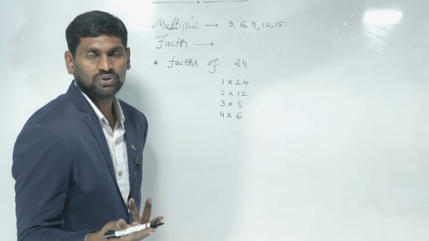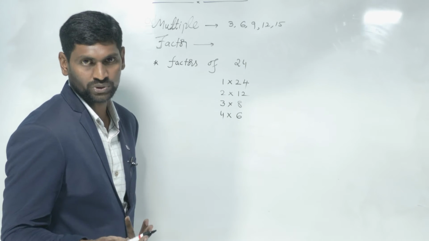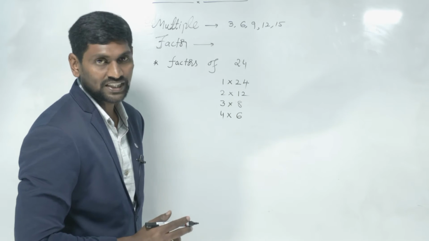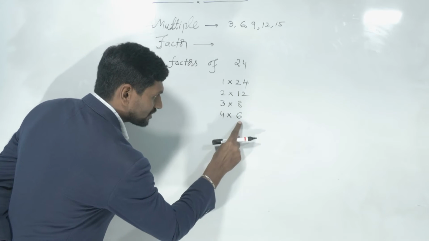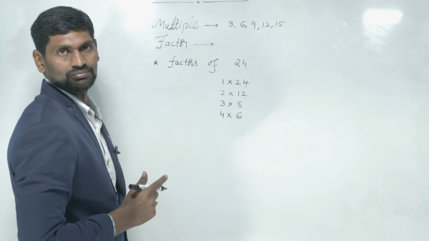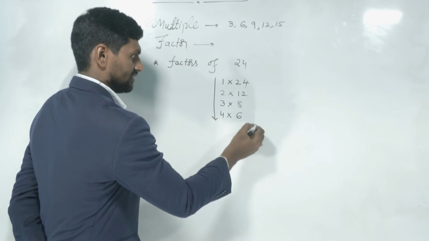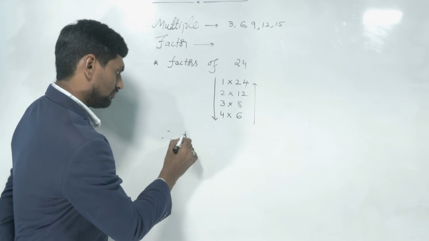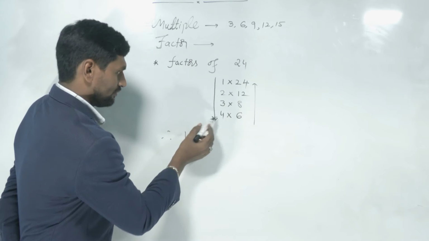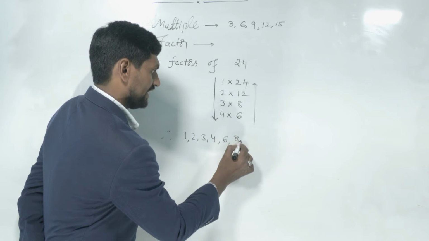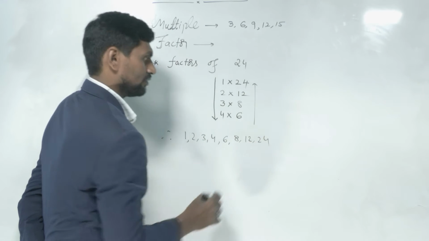5 table, 25 won't come. 5 4s are 20, 5 5s are 25. 5 table, 24 won't come. 6 table, 6 4s are 24. See, 4 6s and 6 4s, both are same. So it is repeated now. We stopped here. So therefore 1, 2, 3, 4, 6, 8, 12, 24.